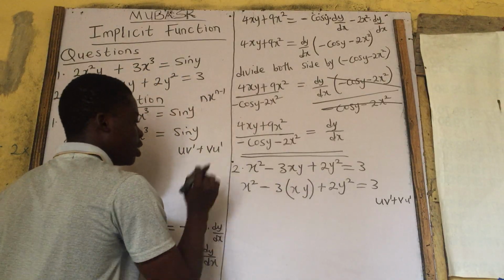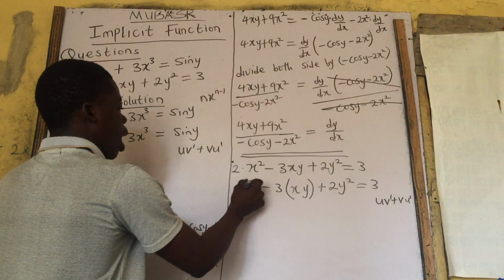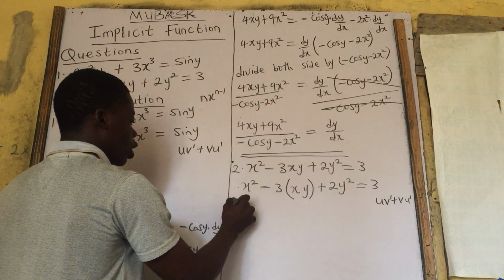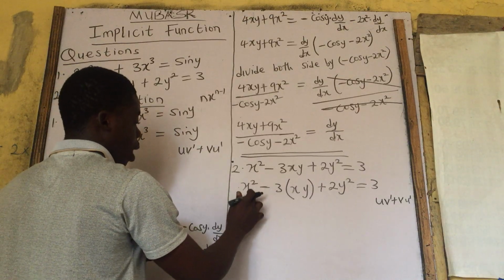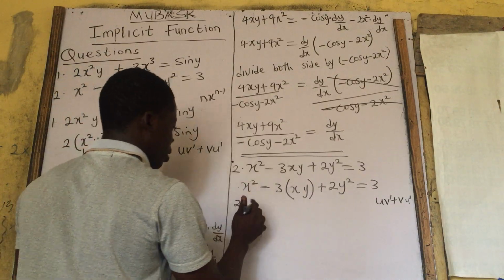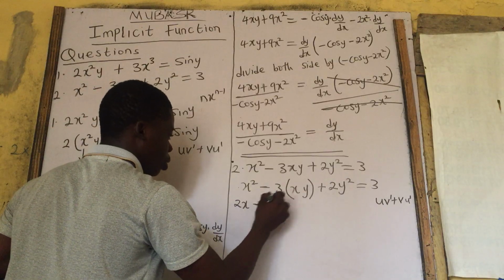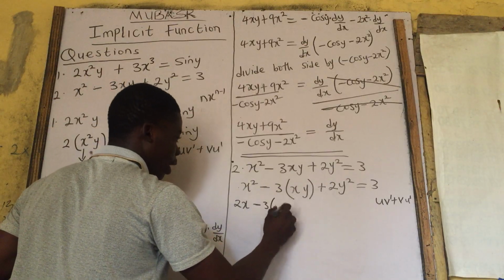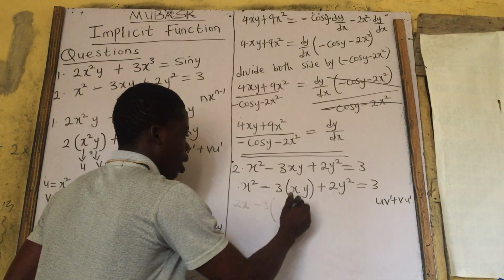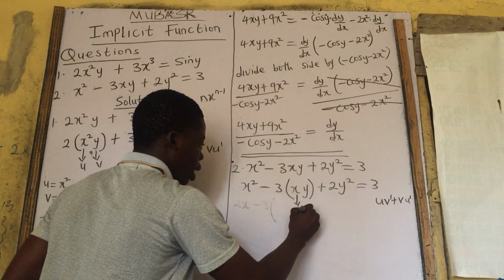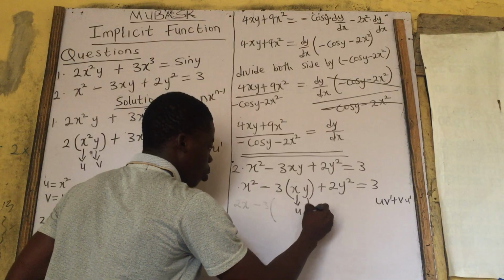Now, by differentiating x squared using the general method, our power is 2. Then we change the base: 2 minus 1 is 1, x raised to power 1 is x. Now 2x minus 3 open bracket. Our u is x, our v is y.